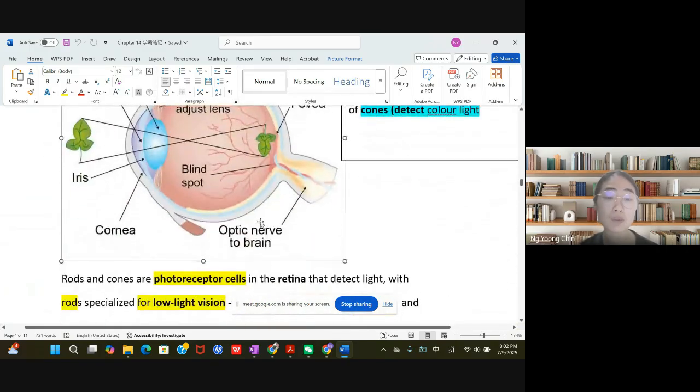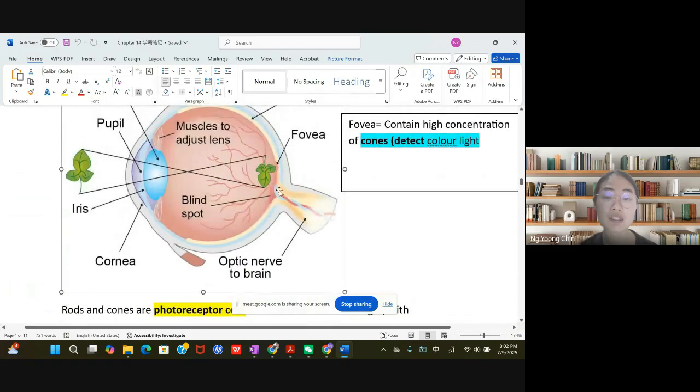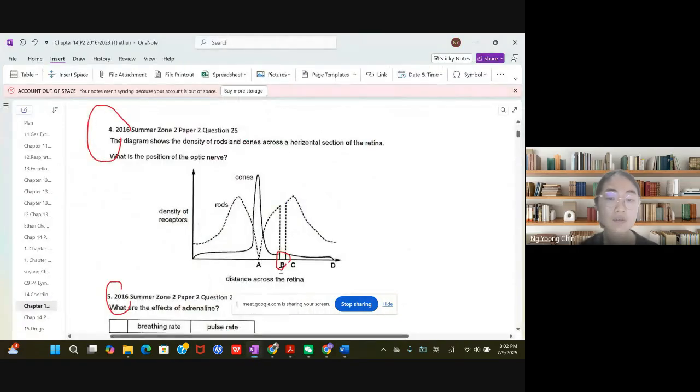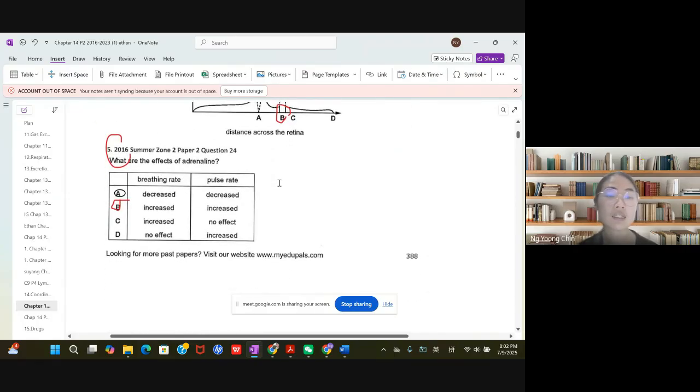So please remember the location of the blind spot, which lies very near to the optic nerve. So this answer will be B, because on the location of the optic nerve, there isn't any photoreceptor. Totally zero photoreceptors. So that is B.